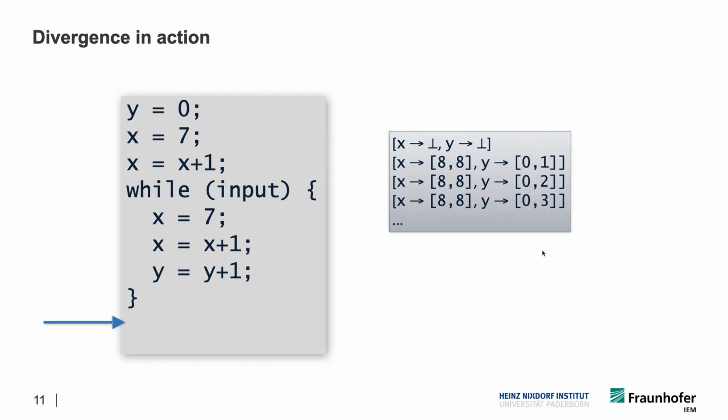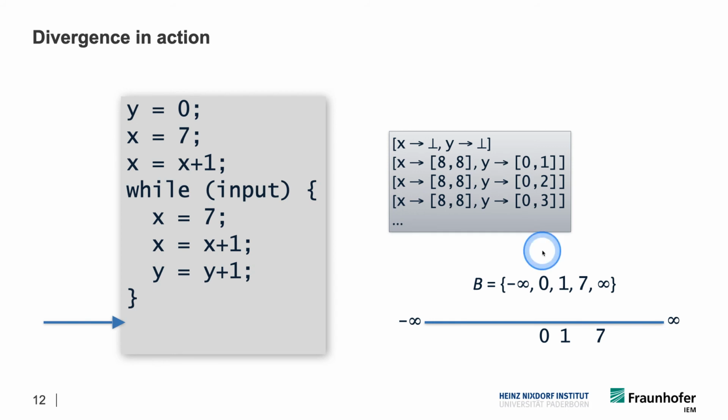So if you continue doing this, this can take a long time for you to reach any sensible bound that you might have defined in your interval lattice. So now the idea with widening is that you define such a domain of boundaries B, which, for instance, in this case, could look like this, right?